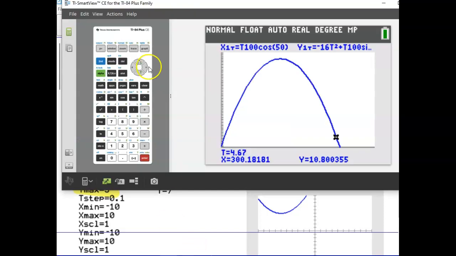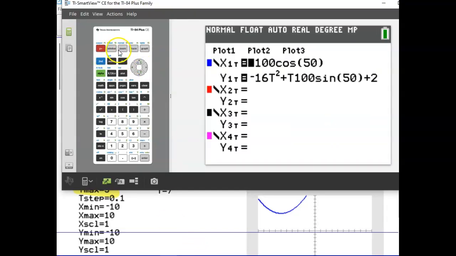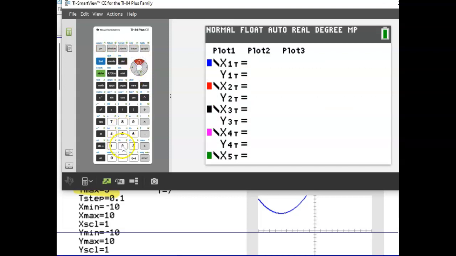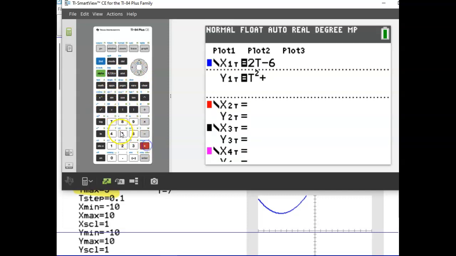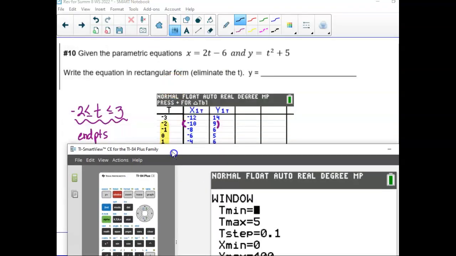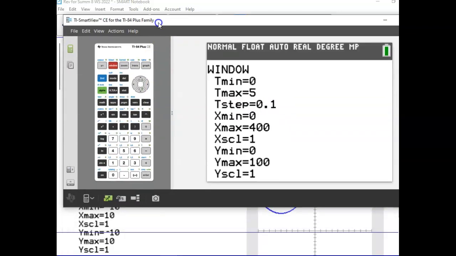But I just want to remind you that if you had this question, can anybody read me those real quick? What was the first one? Was it 2t minus 6? And the other one was t squared? Okay. And if the window had been given on your sheet as -2 to 3, that is the t value you have to put in.